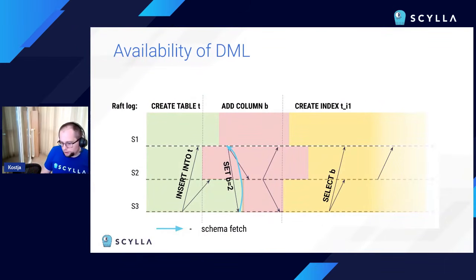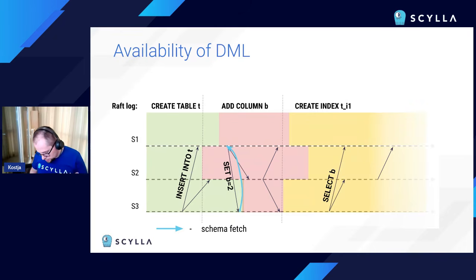Let's go back to the idea of different versions of schemas allowed at different nodes, and schemas being transferred between nodes through an eventually consistent protocol that just allows one node to fetch the latest schema from another node. So we preserve that part.